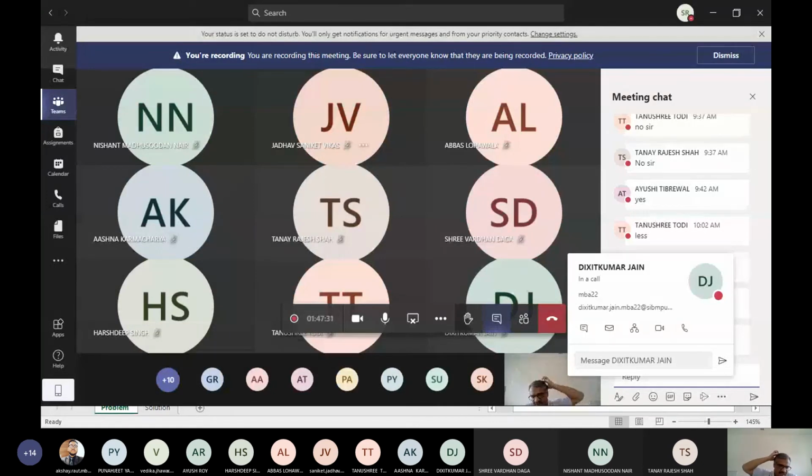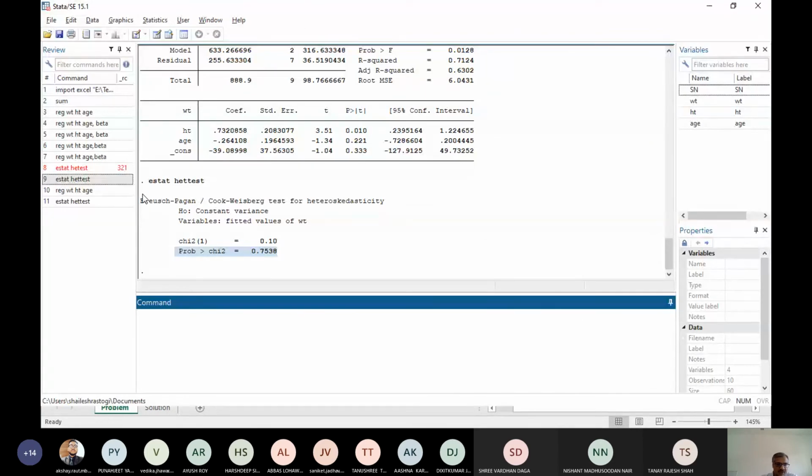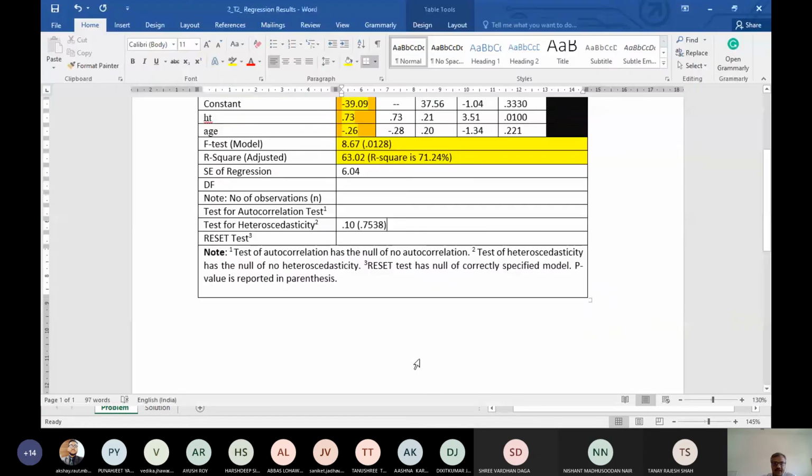After running the regression, we have to go for diagnostic testing. One of the tests we have done is testing of heteroscedasticity. We wrote this command, estat hettest, a post-estimation test, and we got this value. We looked at the p-value, and the p-value is more than 0.05. We'll say that the null of no heteroscedasticity cannot be rejected. So the conclusion is that the model does not have the problem of heteroscedasticity.